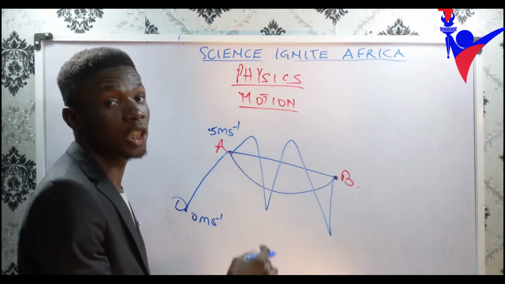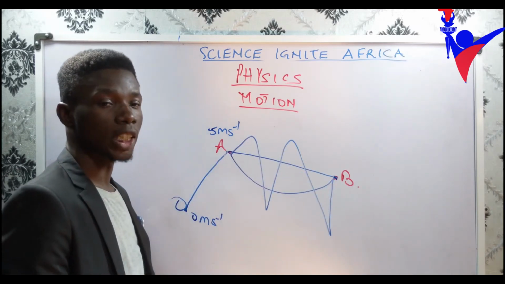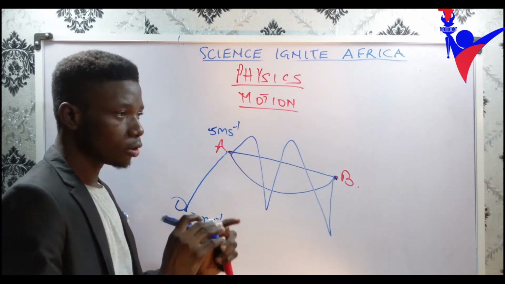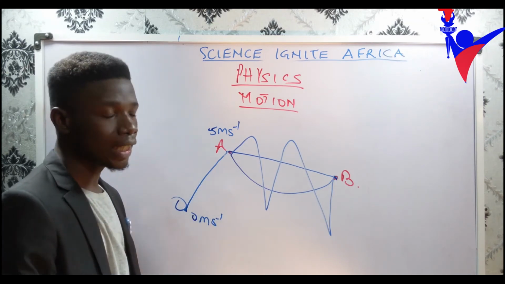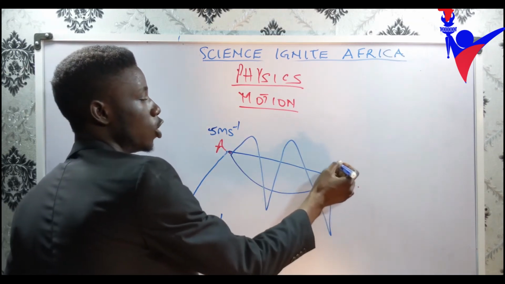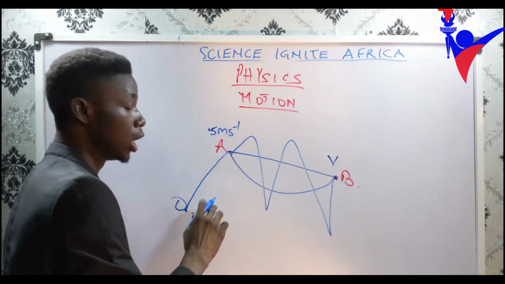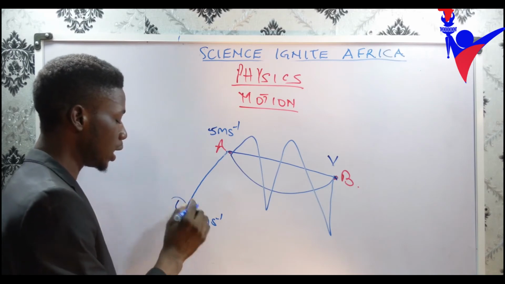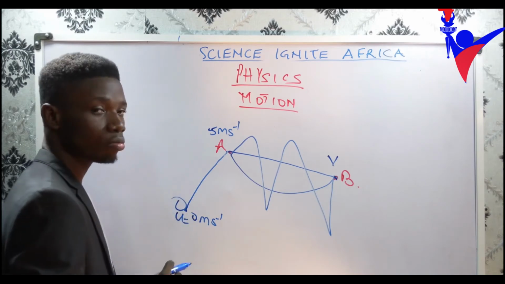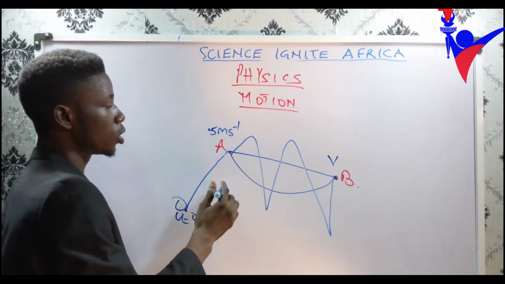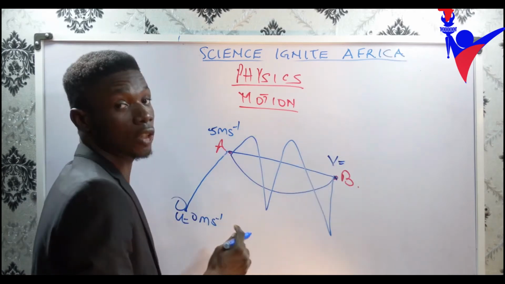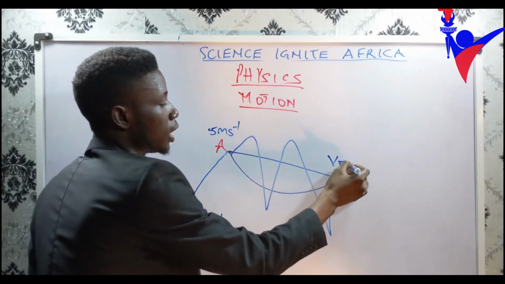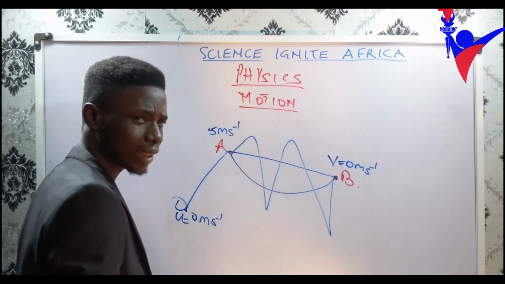So if I stop at B, what happens to motion? No motion is occurring again. Then definitely my velocity here will be my final velocity. In physics, we mostly represent initial velocity with U. So my final velocity for the whole journey will now be 0 meters per what? Seconds. Why is that so?